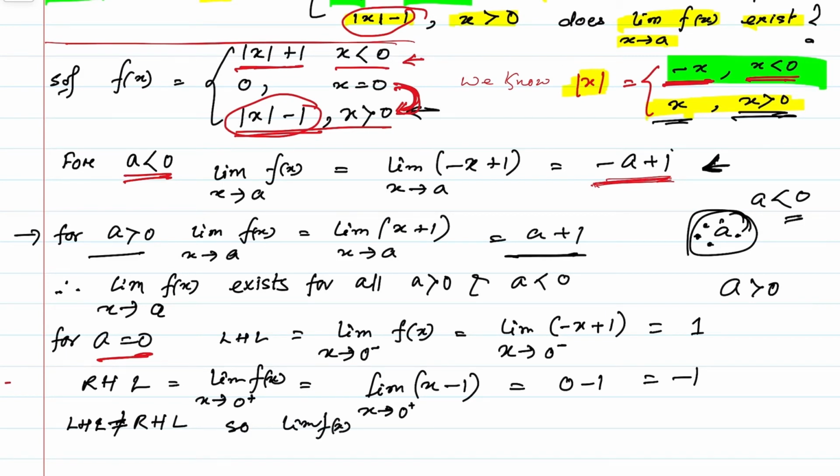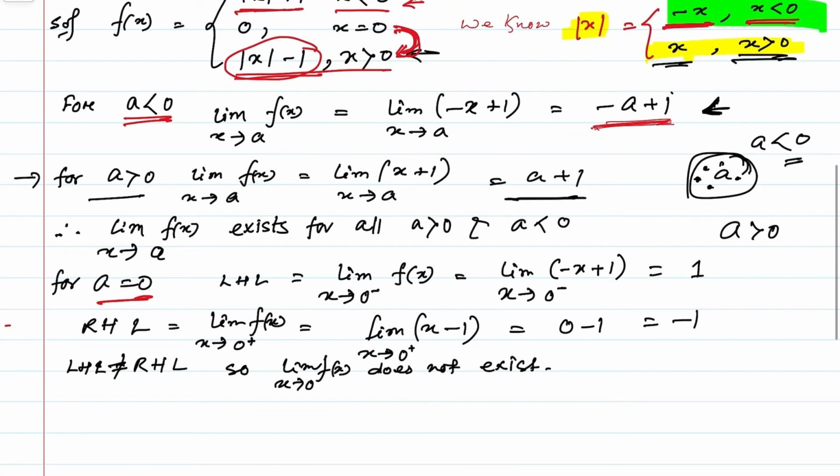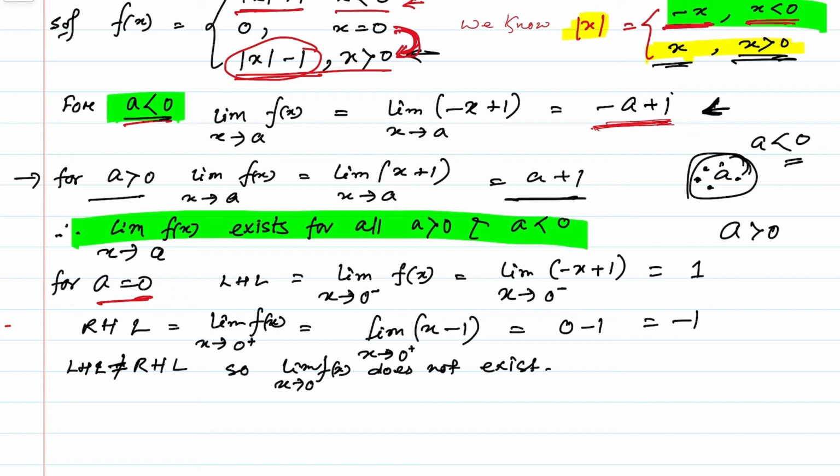So limit of f of x as x tends to 0 does not exist. So what we can say is that this limit exists for a greater than 0 and less than 0, but it doesn't exist as x tends to 0. So the value of a can be anything other than 0.